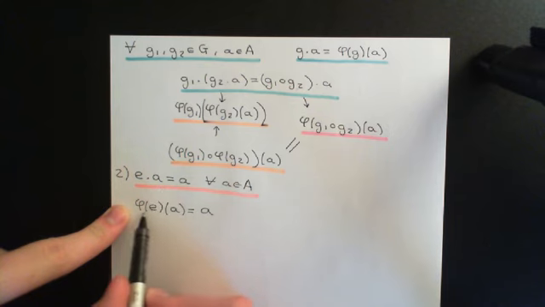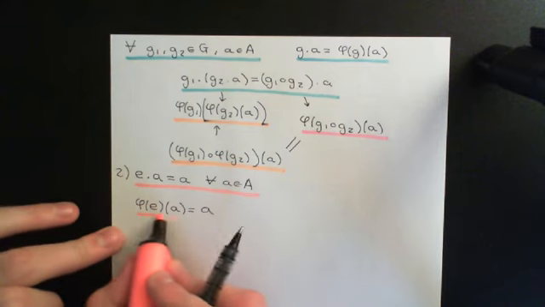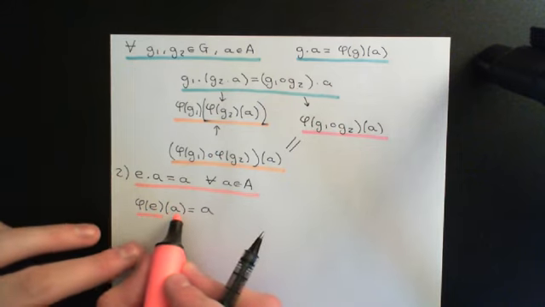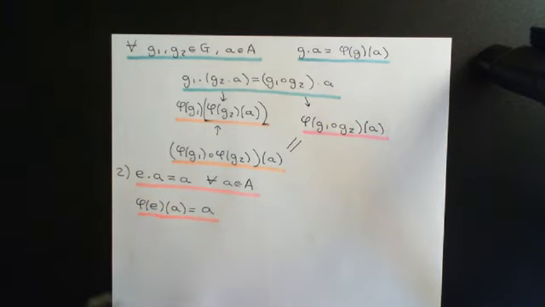So phi of E will be the identity set permutation of the set A, and therefore will map all elements of the set capital A onto themselves. So indeed this will be true, and axiom number 2 of group actions is satisfied.